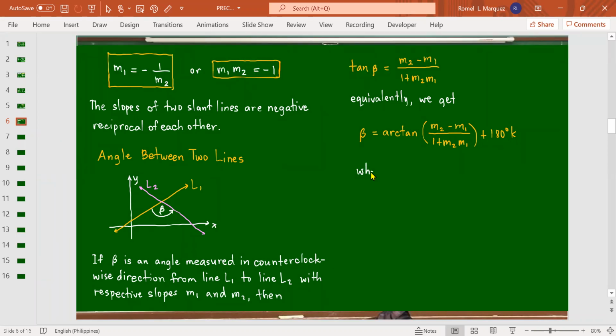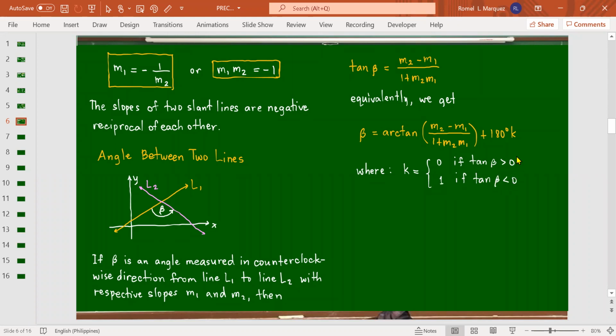So k is equal to 0 if tangent beta is positive, and it is 1 if tangent beta is negative.